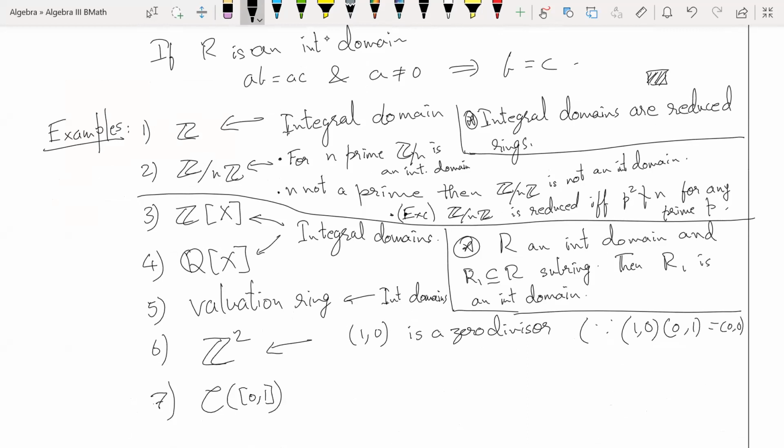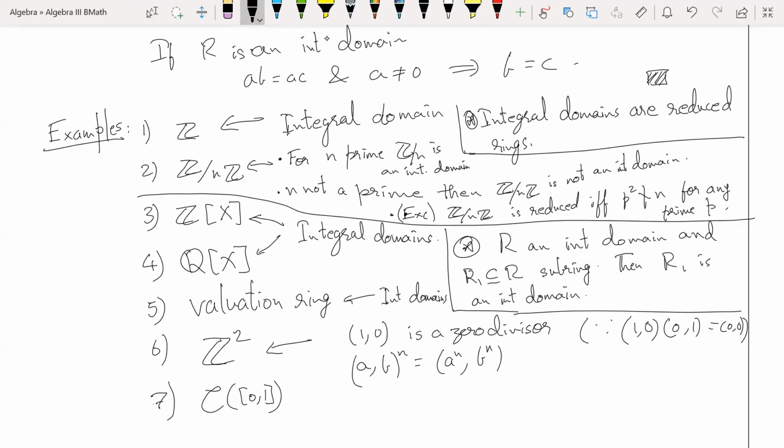So it's not an integral domain, but is it reduced? Yes, it's reduced. You can just check that if you have (a, b), its nth power is just component-wise multiplication, so (a^n, b^n).